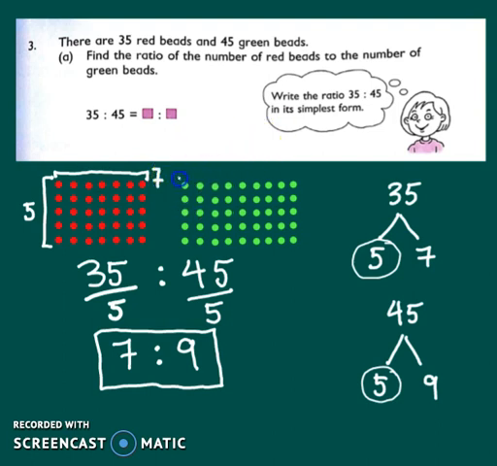And over here in the green beads, we also have 5 rows, and each row contains 9 beads. So you can tell for every row there are 7 red beads and 9 green beads. So that's why we can say that the ratio of red beads to green beads is 7 to 9.